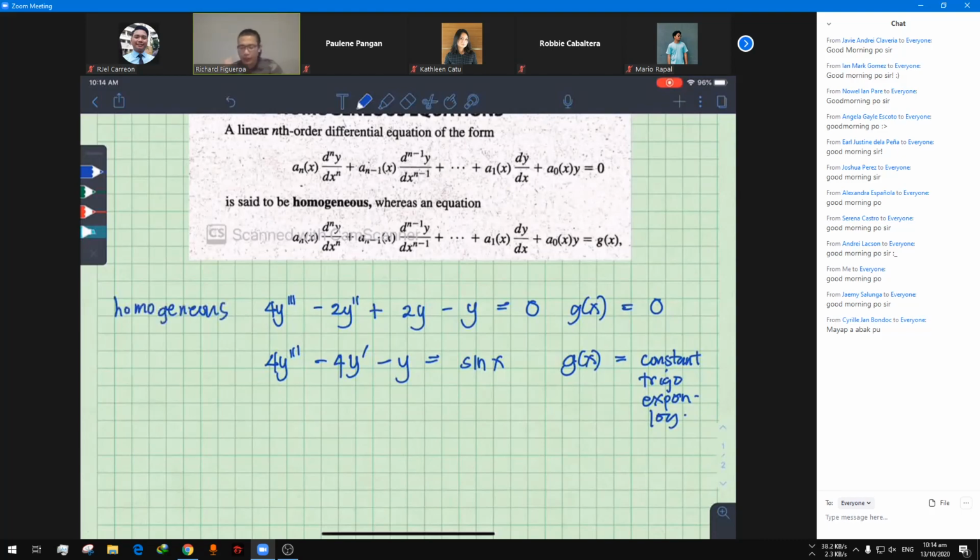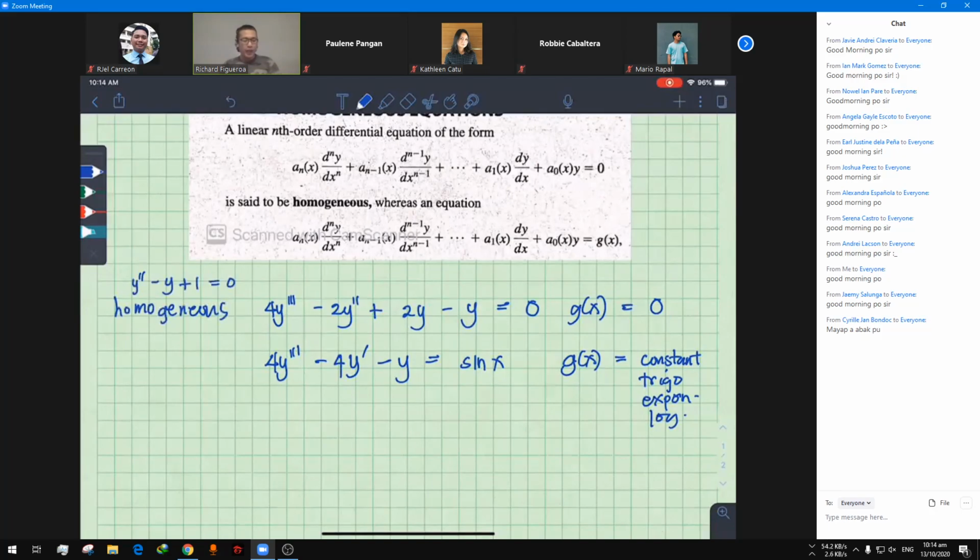But if g of x is anything other than zero, whether it is on the right-hand side or on the left-hand side, because there are cases, for example, if I would have y double prime minus y plus 1 is equal to 0.